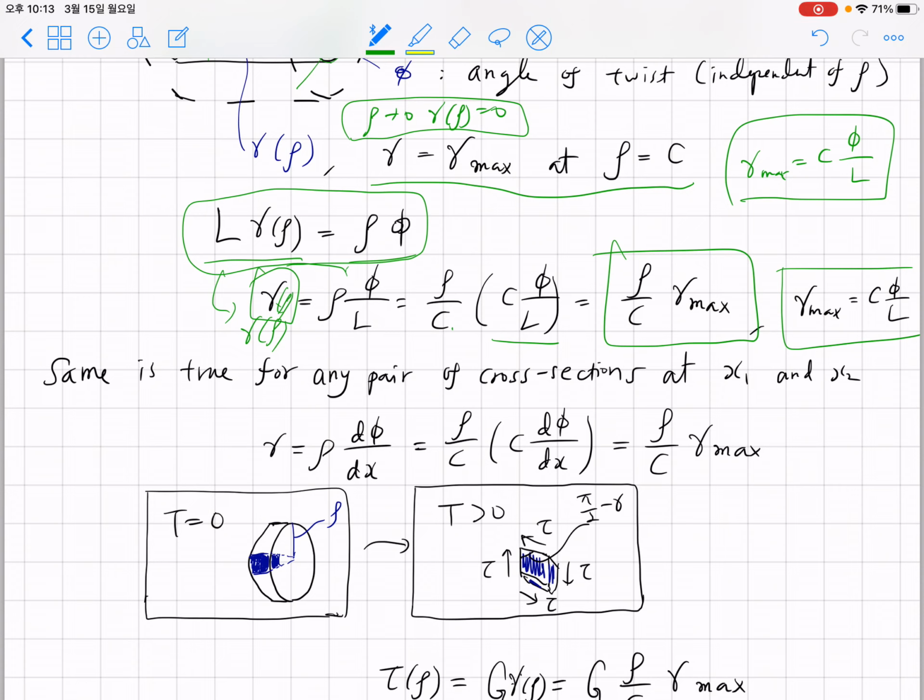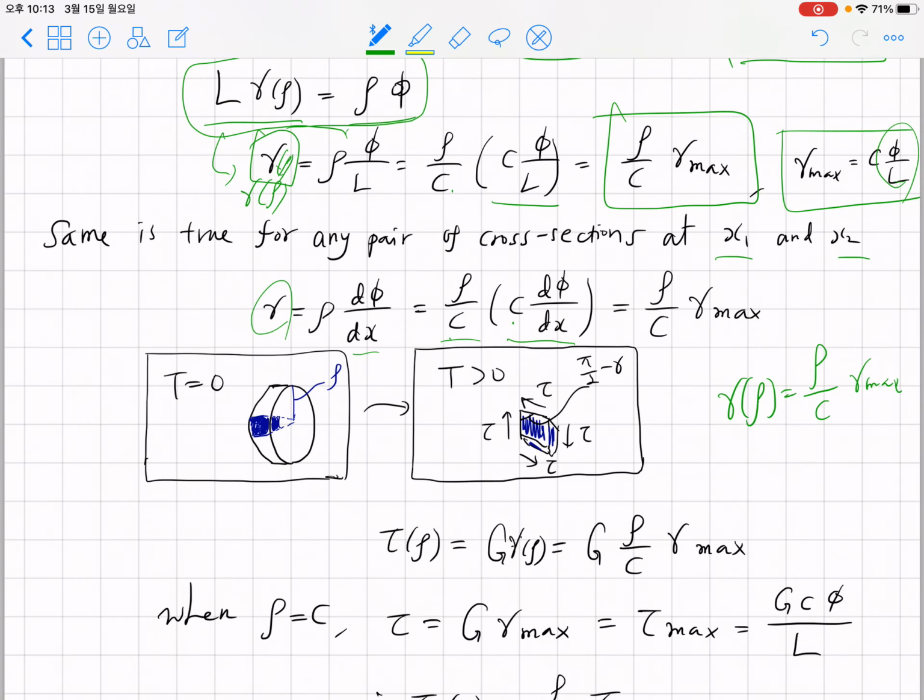We can say that the same is true for any pair of cross sections at x1 and x2. We just take any arbitrary x1 and x2 points, and instead of phi over L, we can write d phi dx or delta phi delta x. And if we do the same kind of massage, putting C here, we can say that gamma rho equals rho over C gamma max.